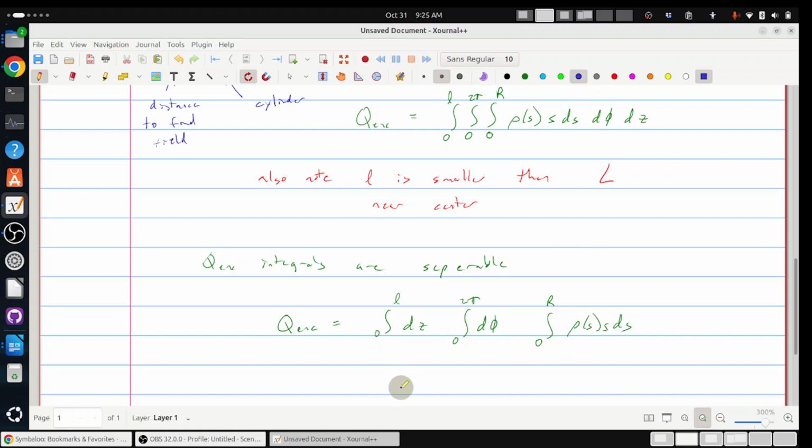These first ones are going to come down to some L and 2 pi, and then I still have to do this integral for some particular geometry.